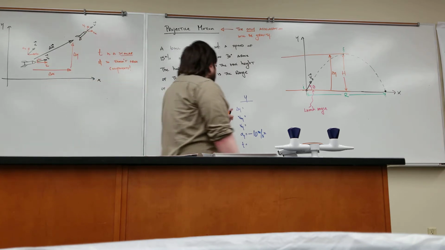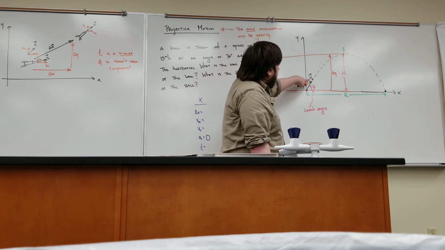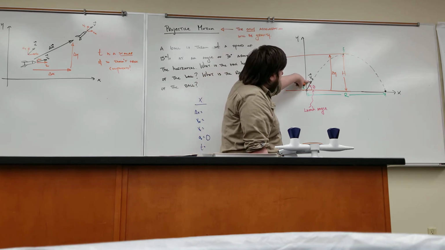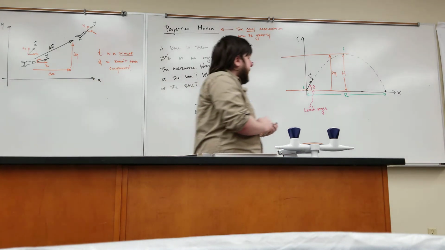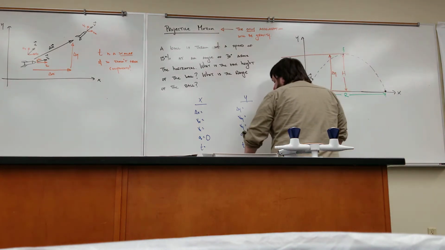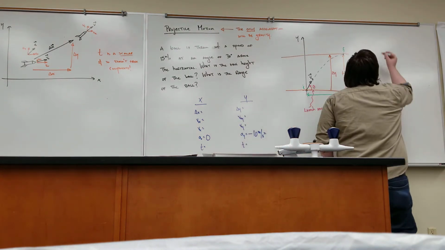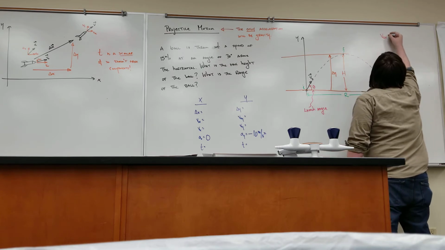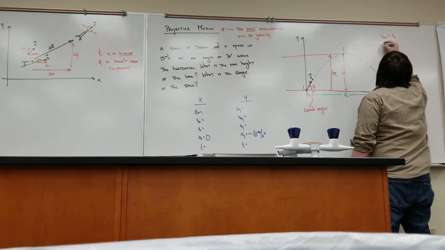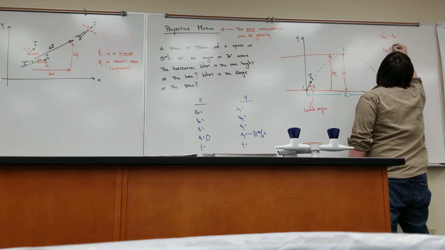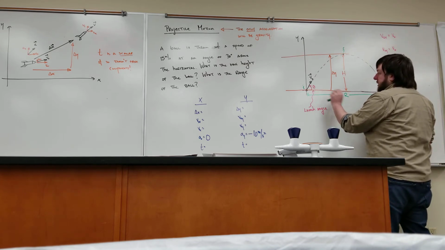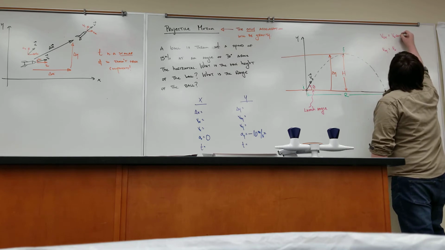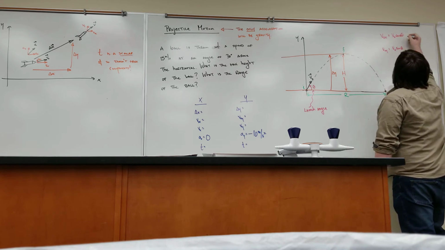Now, what about the initial velocities? We need to break this initial velocity vector up into its components. Remember, breaking any vector up into its components involves multiplying the magnitude by a trig function. So v naught x is going to equal v naught times a trig function. V naught y is going to equal v naught times a trig function. Which one's cosine? The top one, the x, right? Because theta touches the x-axis. So this one's going to be cosine, this one's going to be sine.